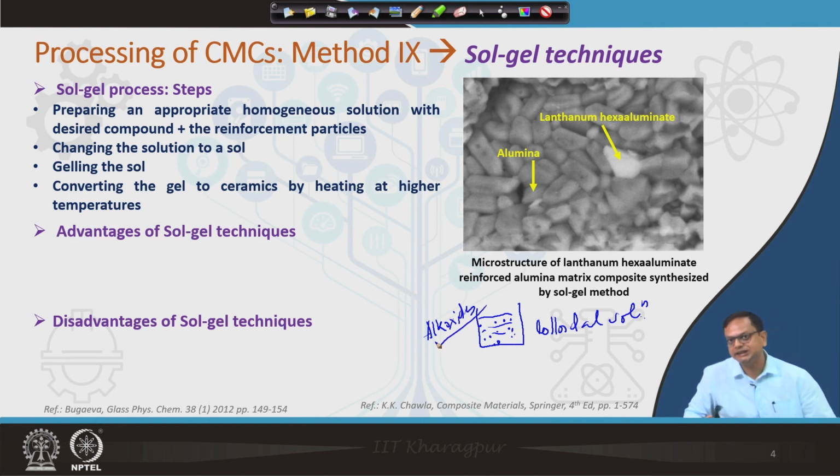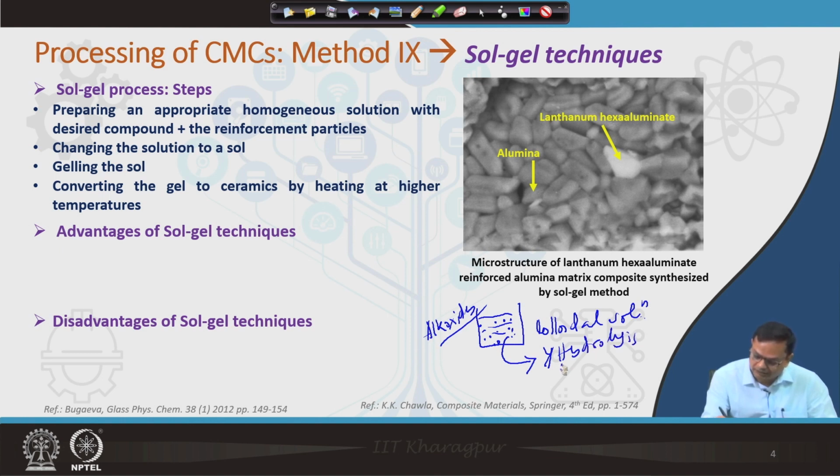Now, by the sol gel technique we can only synthesize oxide material. Alkoxides are used as the precursor that makes the sol, and this sol goes through hydrolysis and polycondensation, which leads to formation of gel.